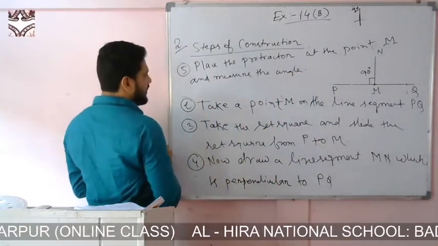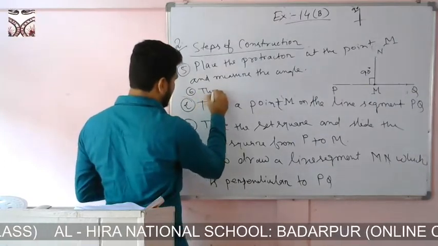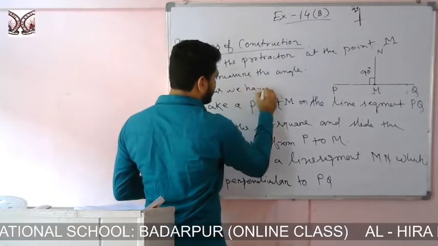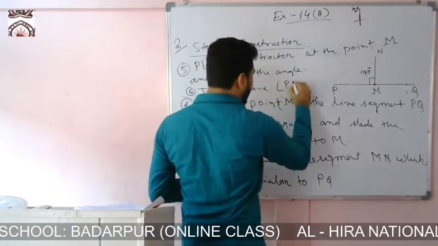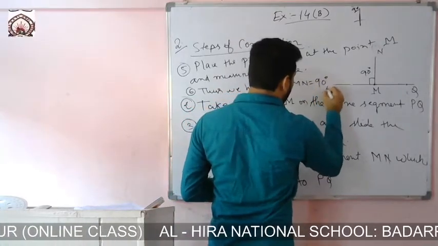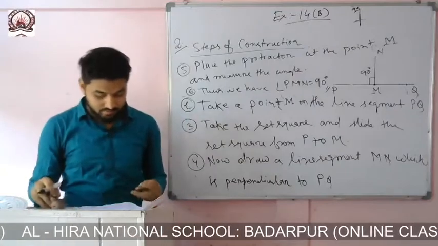Write number 6, thus we have angle PMN equals to 90 degree. Answer. So that was the construction.